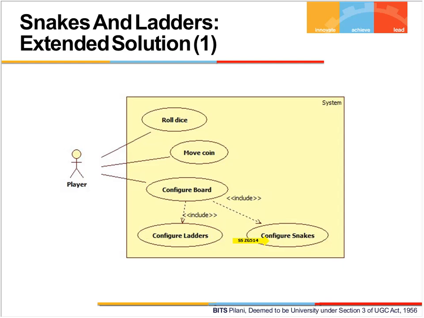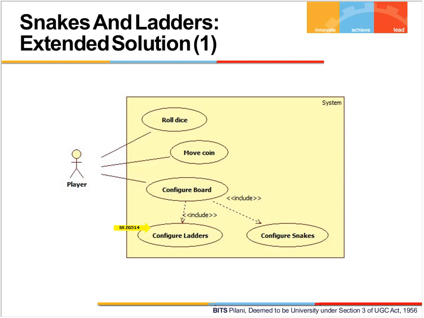The reason to add includes or sub-use cases is not only reusability but also decomposition. These are the two important reasons why we use includes: reusability as well as decomposition.